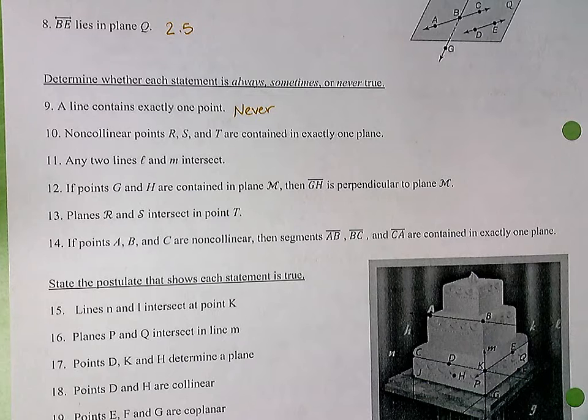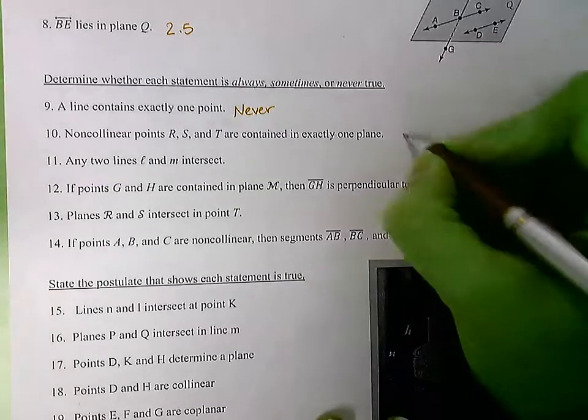Number 10, non-collinear points R, S, and T are contained in exactly 1 plane. Okay, so you have 3 non-collinear points. They make up 1 plane. That's one of your postulates on the front. This is always.